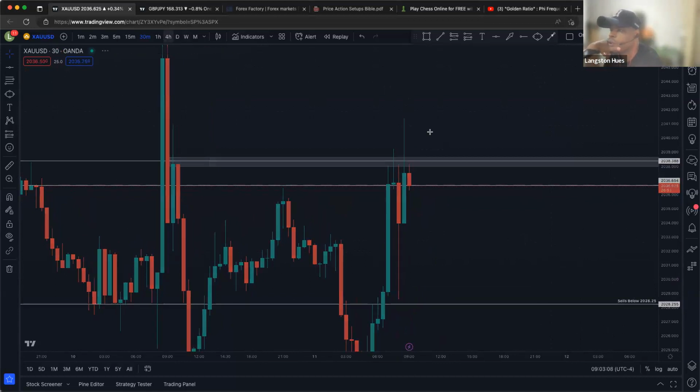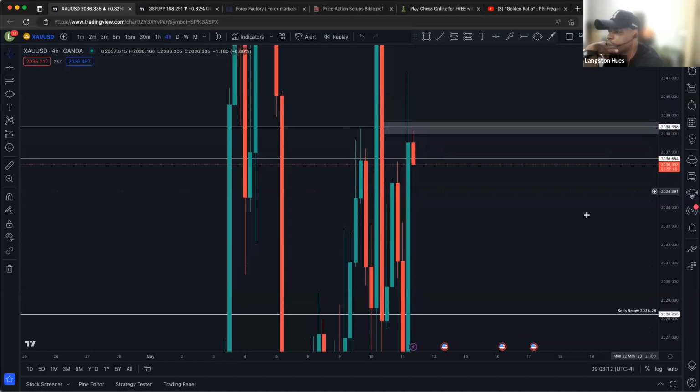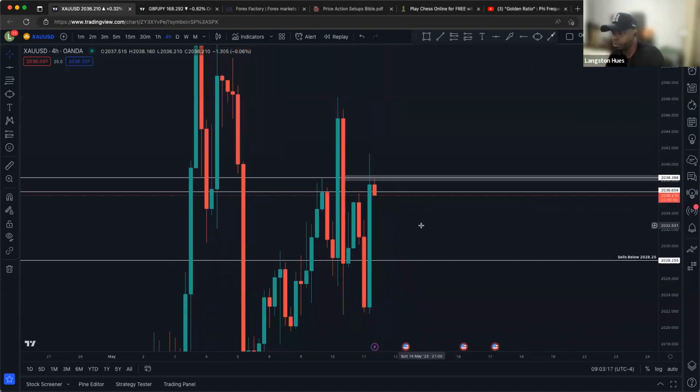Okay, so we got the new 4-hour candle on gold. Looks like it's making some bottom wick here. Maybe. This could have just been a fake out and drive back into the range.